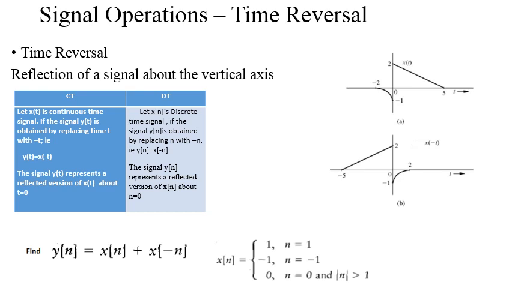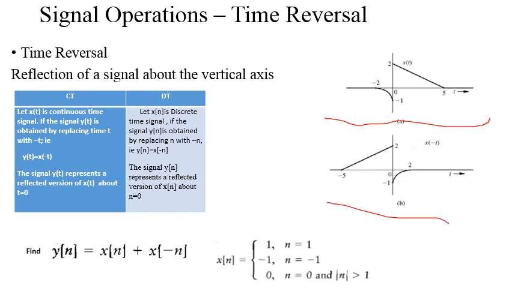So shown here are two examples. One example of the continuous time signal. Here you see that in part A we have a signal x of t, and in part B we obtain its time reversal form, right?